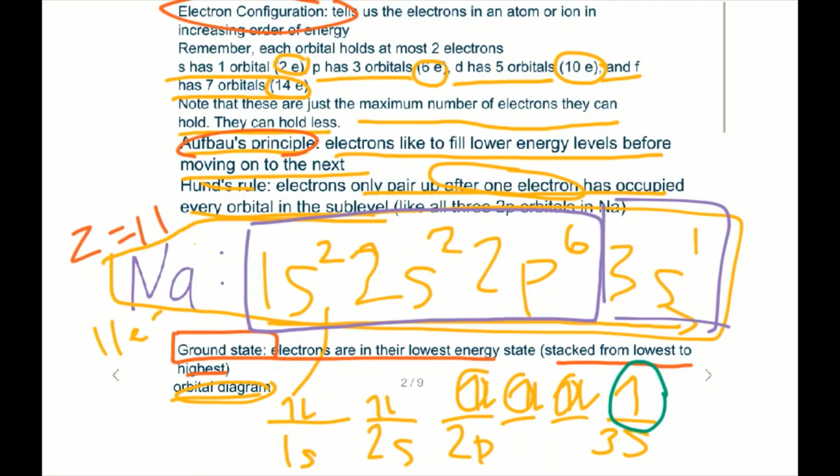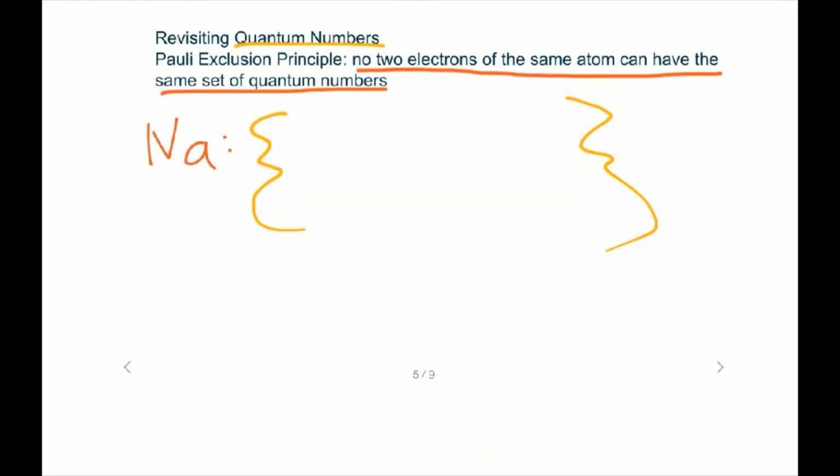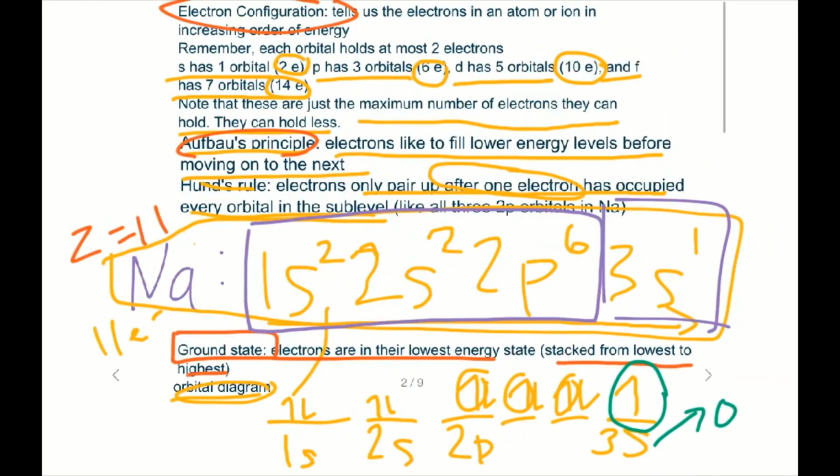So the first quantum number will be 3. And the second quantum number will be the one correlated to s, which will be 0. So we figured out the first two, so 3, 0. The third quantum number comes from doing a number line. So since the s sublevel has only one orbital, this will be labeled as 0.